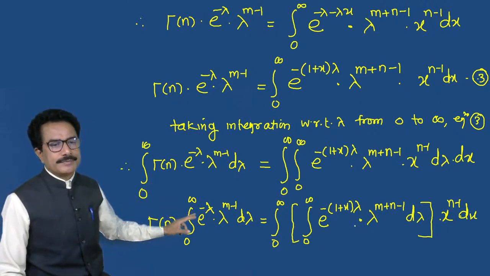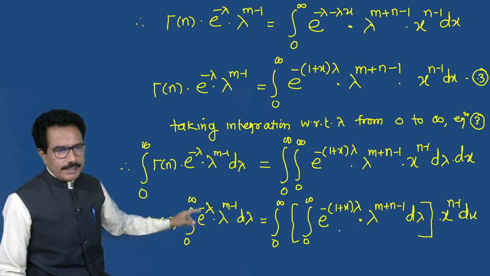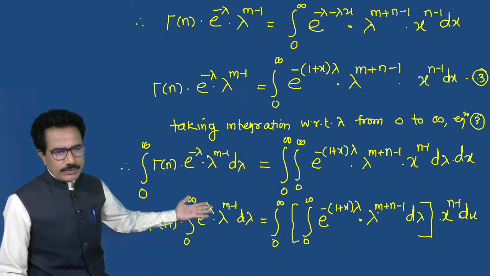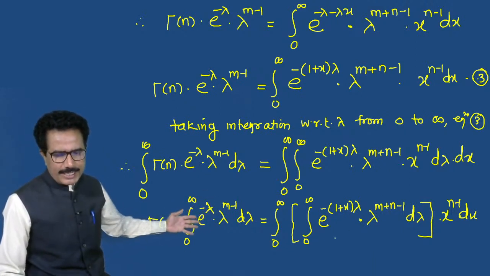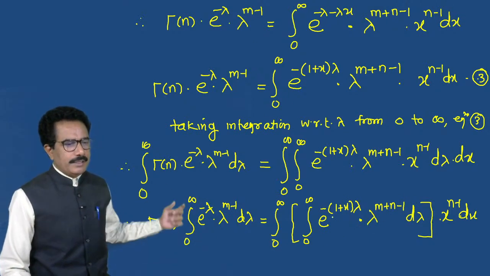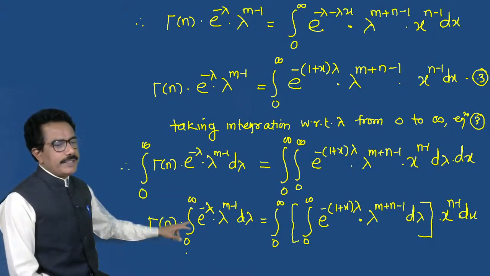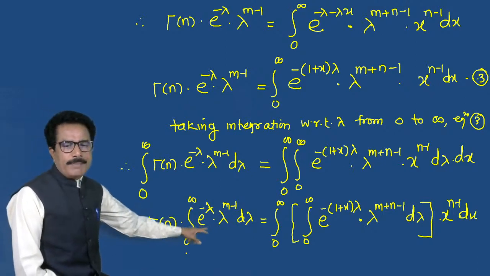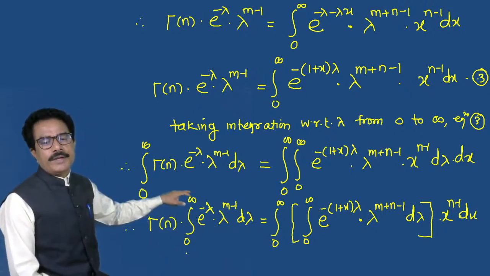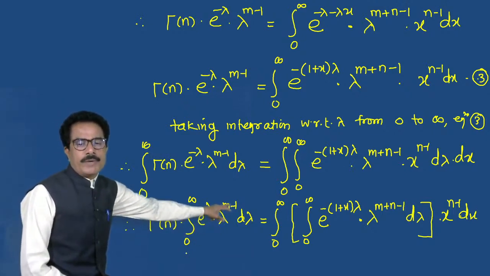We know that there is a formula, e raised to minus (1 plus x) lambda, lambda raised to m plus n minus 1. So we can write this by the integral transformation, as gamma. Now let us go from the left side: integral from 0 to infinity e raised to minus lambda into lambda raised to m minus 1 d lambda, means as like this, integral from 0 to infinity e raised to minus x into x raised to m minus 1 dx.